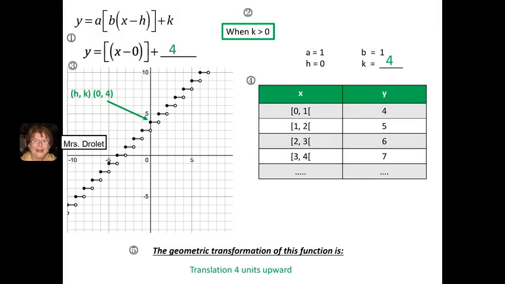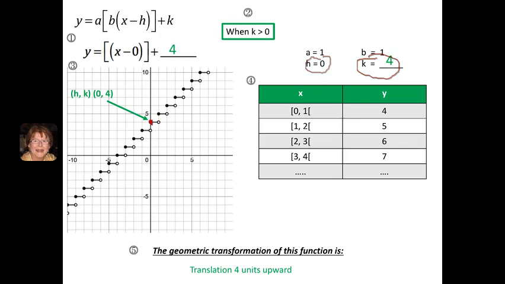Did you notice that the basic step function moves upwards when the K is greater than 0? Because the H is 0 and because the K is 4, that is our starting point, 0, 4.